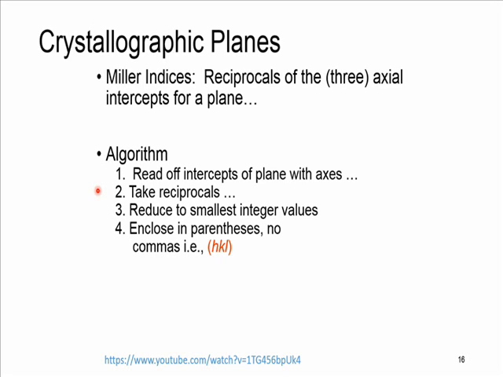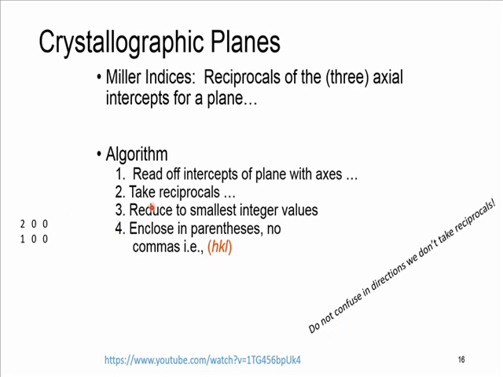These 3 numbers then are changed to the smallest integer values. We have to multiply or divide them by a common factor. And just remember, do not confuse this with direction, where we don't take reciprocals.